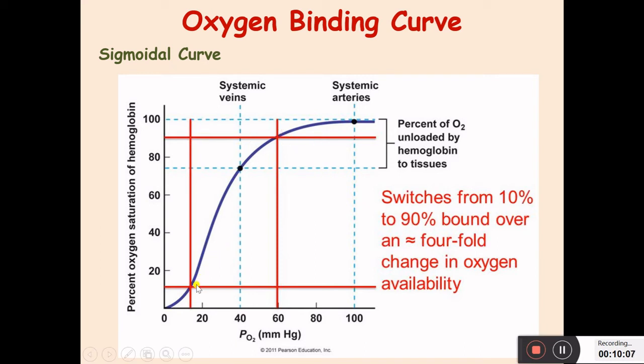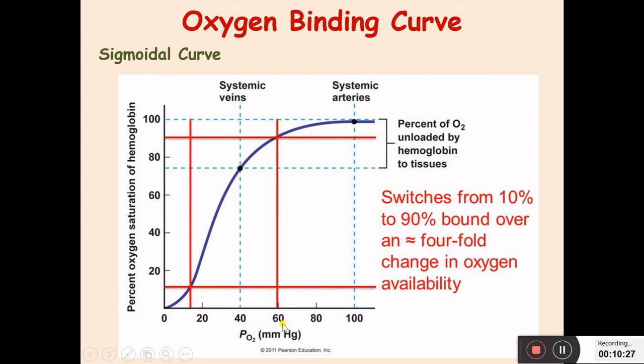So you see it switches from 10% to 90% bound, approximately a fourfold change in the oxygen availability. Suppose 20 was the oxygen availability over here and here 60.